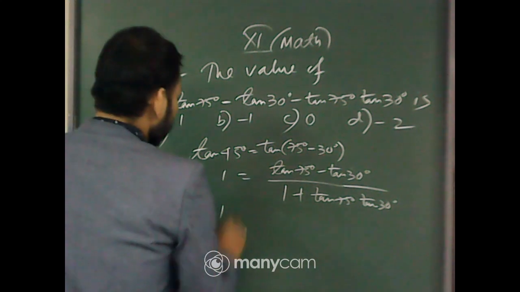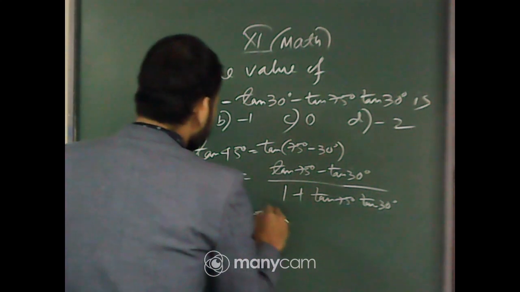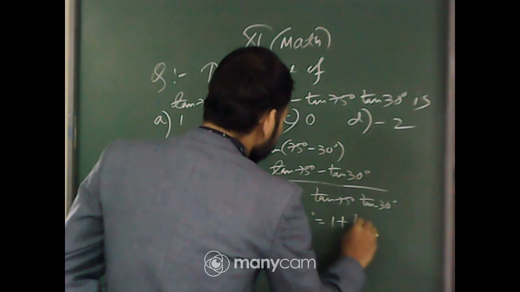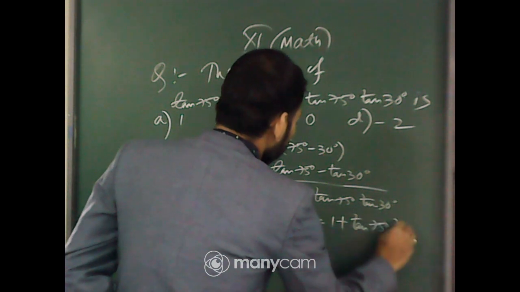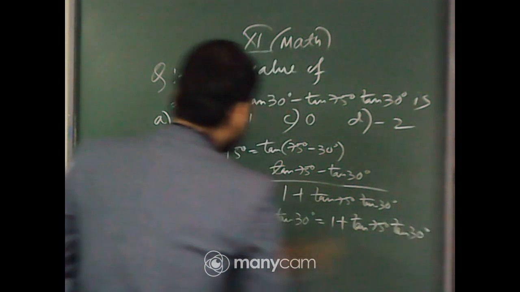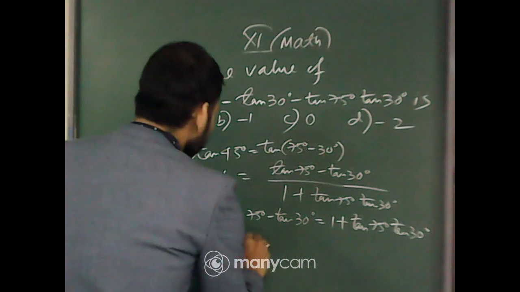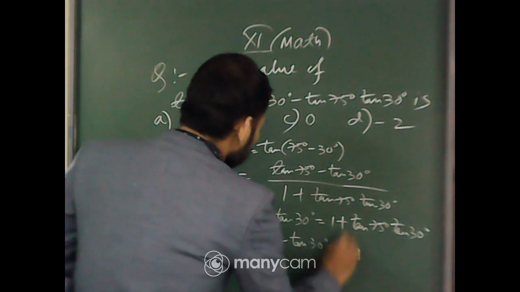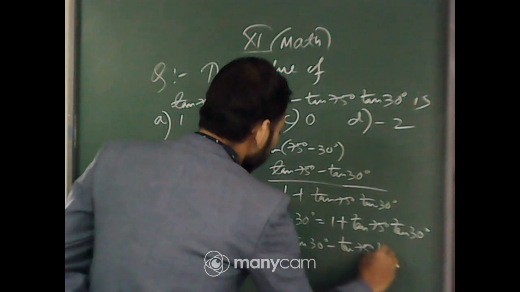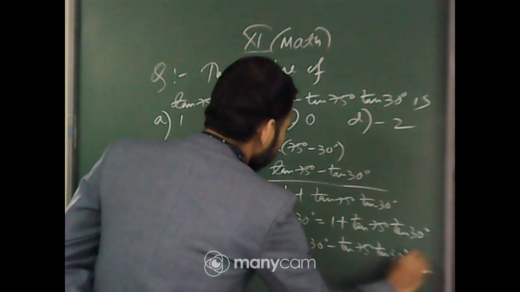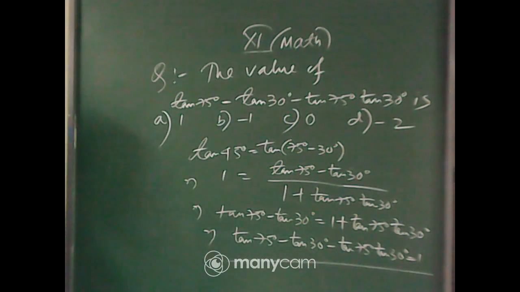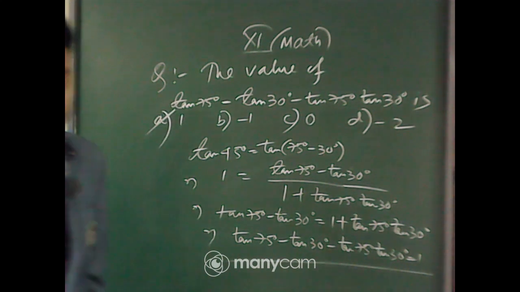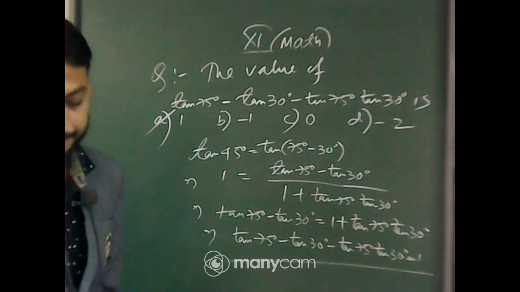That means tan 75 degree minus tan 30 degree equals 1 plus tan 75 degree into tan 30 degree. That means tan 75 degree minus tan 30 degree minus tan 75 degree into tan 30 degree equals 1. Have you got it? So option A is the correct answer.